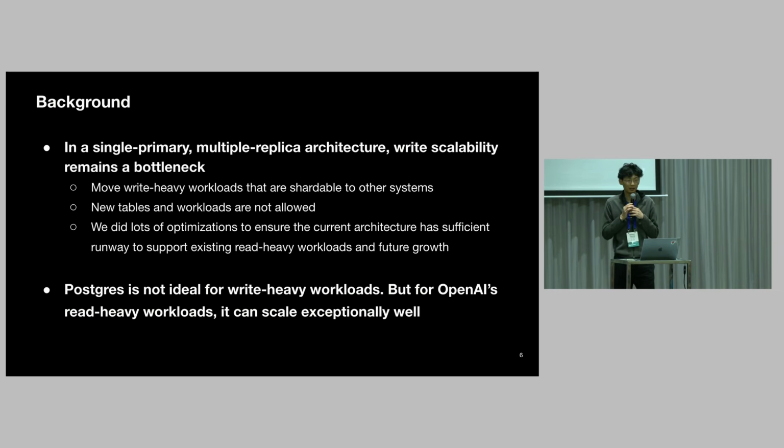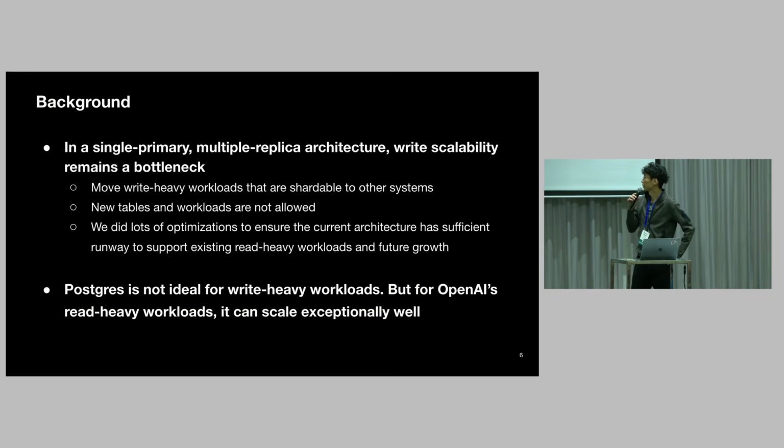If you want any new workloads or features, we ask users to use the new sharded system instead of the current unsharded Postgres. We also did lots of optimizations to ensure the current architecture has sufficient runway to support existing really heavy workloads and future growth. I will discuss what optimizations we did in the next few slides.